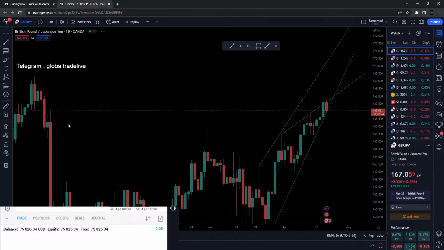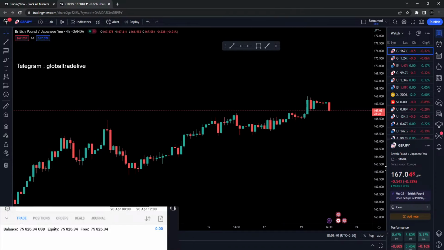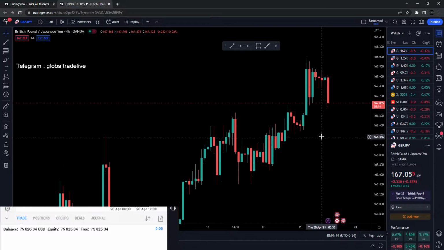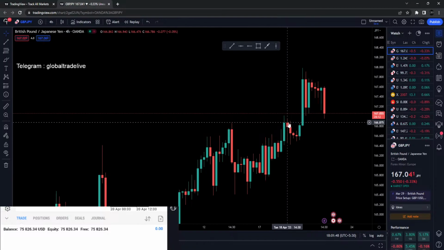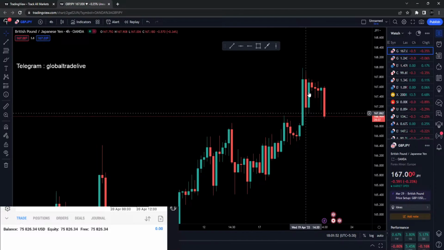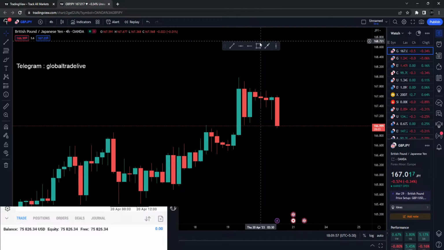So I'm going to go to the 4-hour time frame now. Let's have a look at it. The 4-hour went up and created a resistance, then went down and created a support over here, then went up again and a resistance was formed.